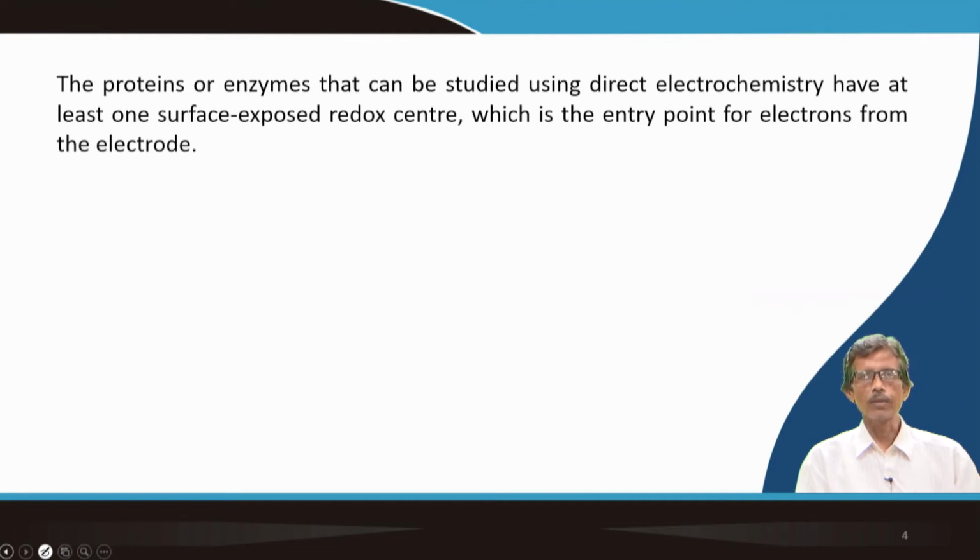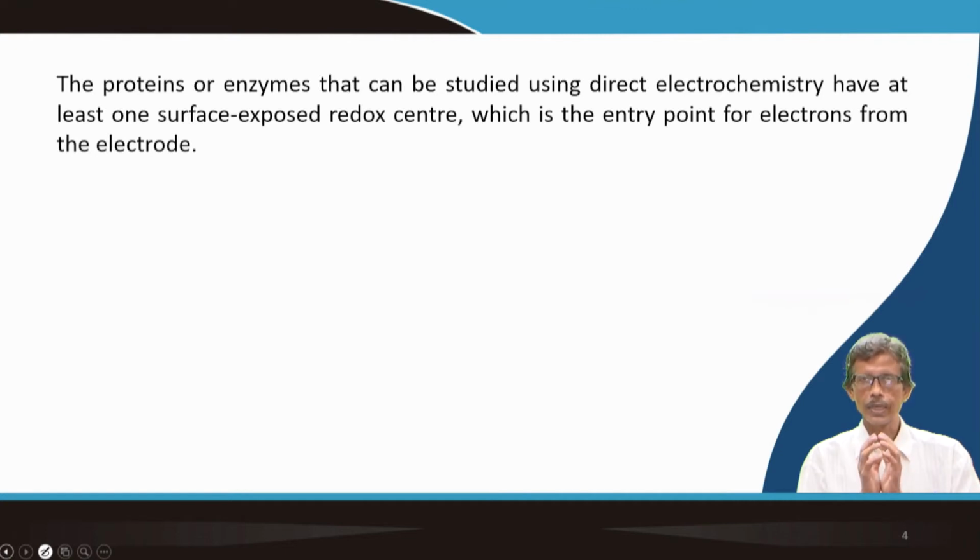So, both these categories of biomolecules containing metal ions, such as proteins or enzymes, can be studied using direct electrochemistry, where at least we have some surface exposed redox center, because you have the full cavity of your protein envelope, and within that interior position you have the metal ion. Unless your metal ion is a little bit exposed to the oxidizing or reducing agent, electron transfer cannot take place.